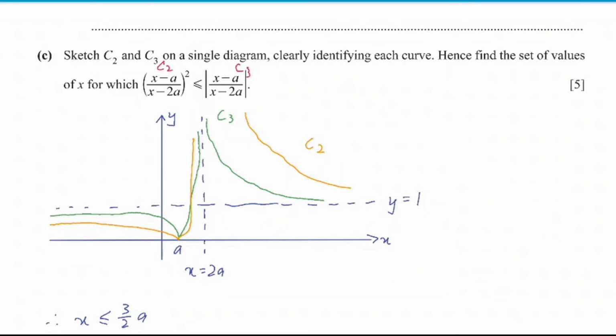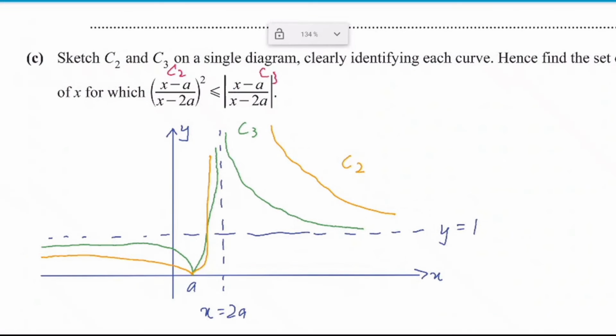Now let's look at C2. What happens in C2 is that you just need to imagine that when we square this, we are also getting this value here. Even if this one is without the modulus, we can square that, so we can actually get this. But even with the modulus, when we square, we are also getting these values here, because all the squared values are positive.